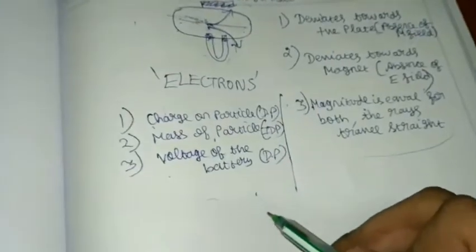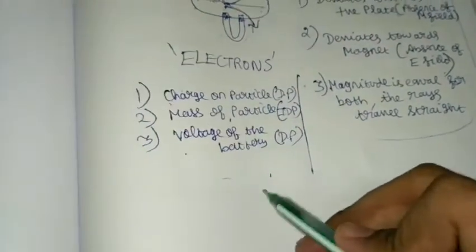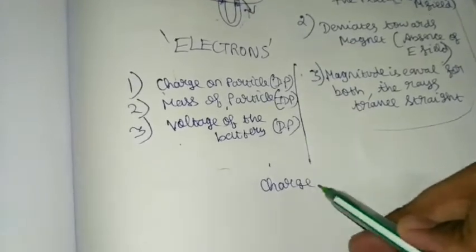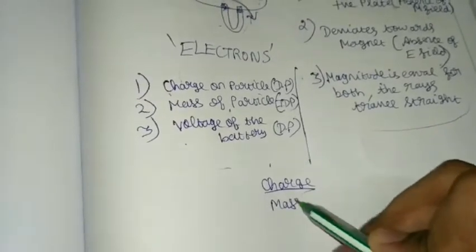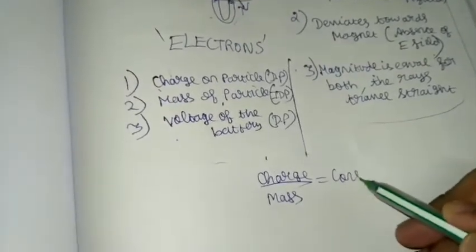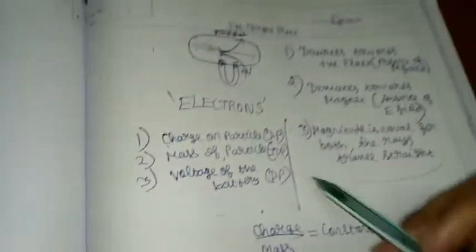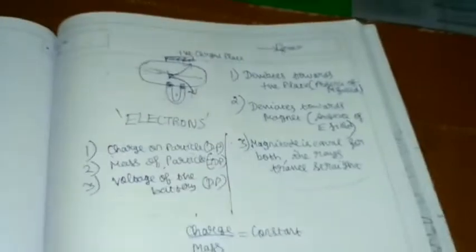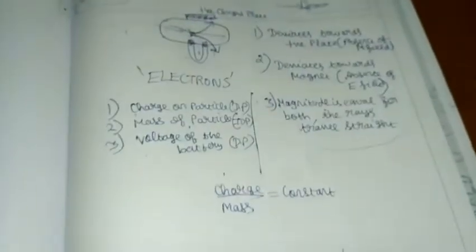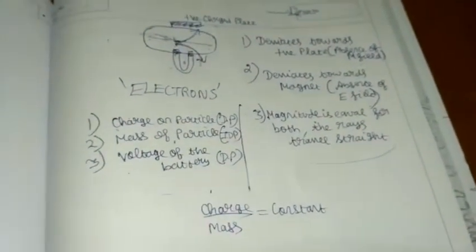So what I am saying is charge divided by mass was always constant, no matter how much you increase both, as long as they are equal. This is given in NCERT also, so you can study it.